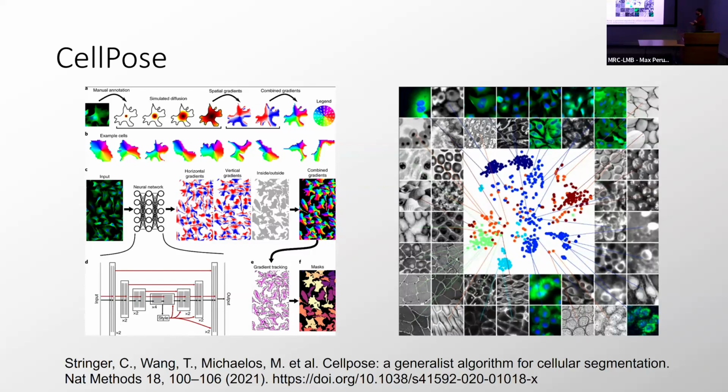So at each pixel, we will have three values. We would have a flow and a probability of being inside a cell. The flow is basically telling you where to go if you want to find the center of the cell. So how did they compute this initially, the flow, when they did the annotation? You have the mask here, you have a cell, you get a mask.